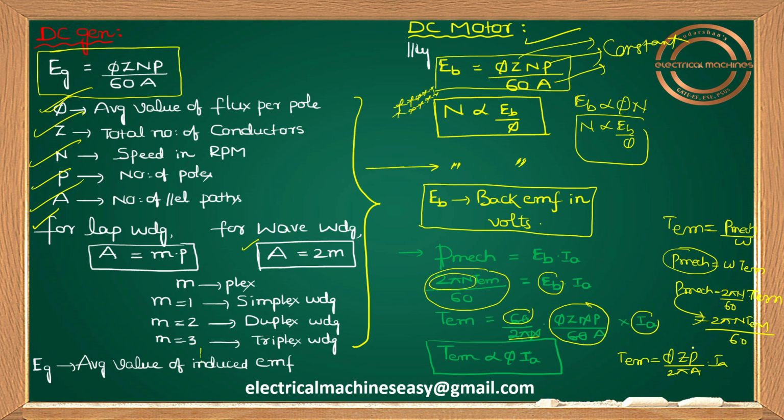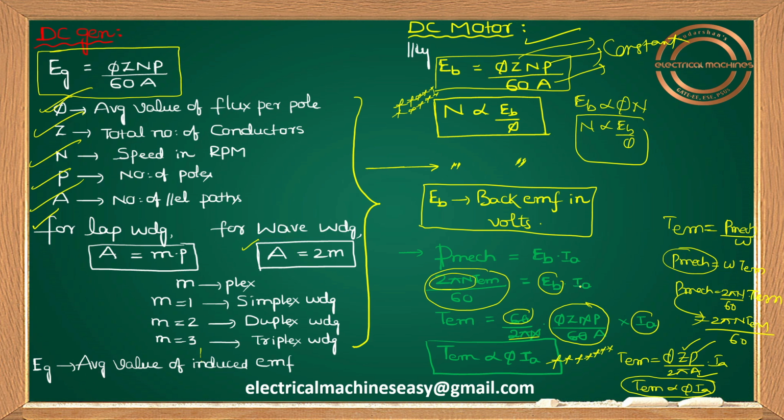As usual, once the design is completed, the number of conductors, number of poles and number of parallel paths are constant. Simply I can write Tm proportional to phi into Ia. Once again, guys, this relation is very important for solving problems in DC machines.